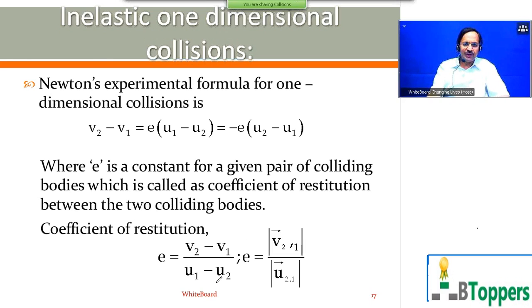So the coefficient of restitution e can be written as (V2 minus V1) divided by (U1 minus U2), or e equal to modulus of V bar subscript 2,1 divided by modulus of U bar subscript 2,1. V bar subscript 2,1 represents the relative velocity of M2 with respect to M1 just after collision. U bar subscript 2,1 represents the initial velocity of M2 with respect to M1 just before collision.